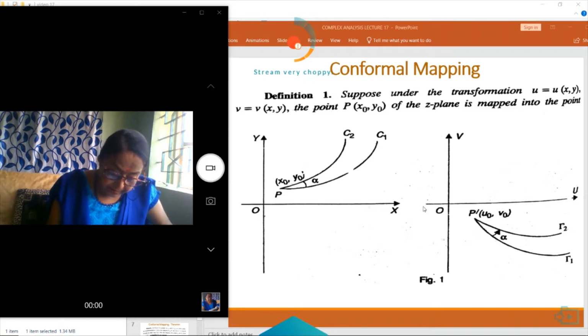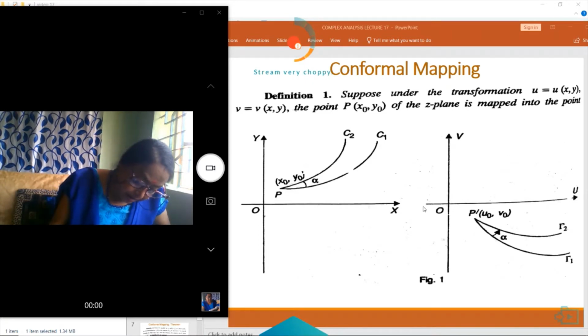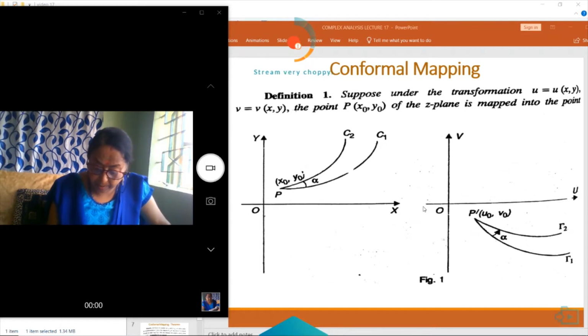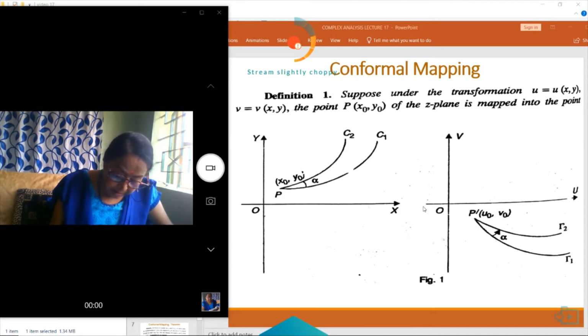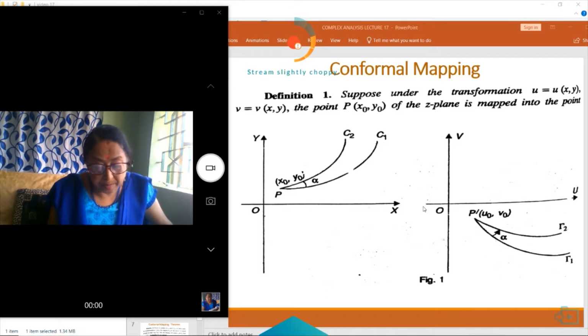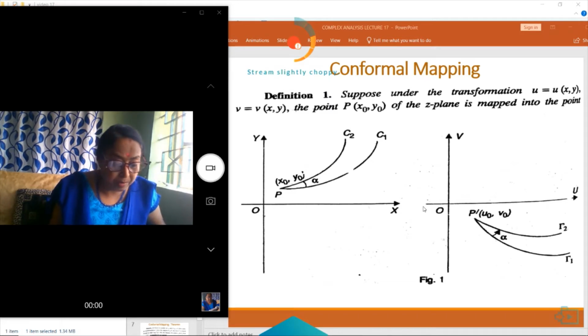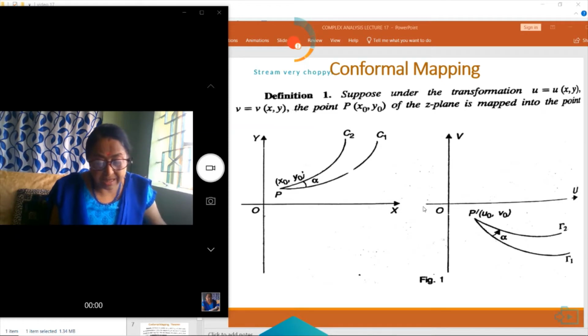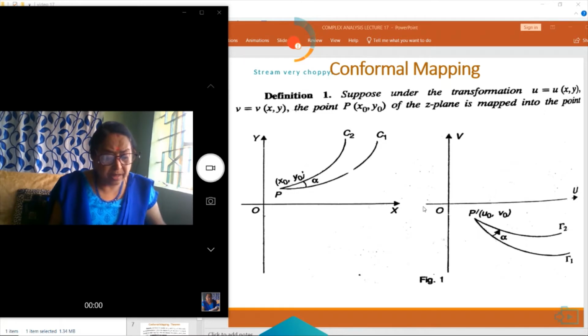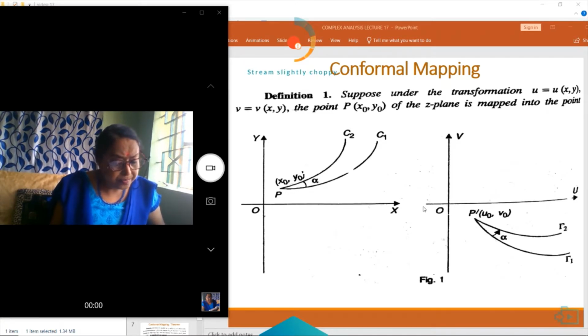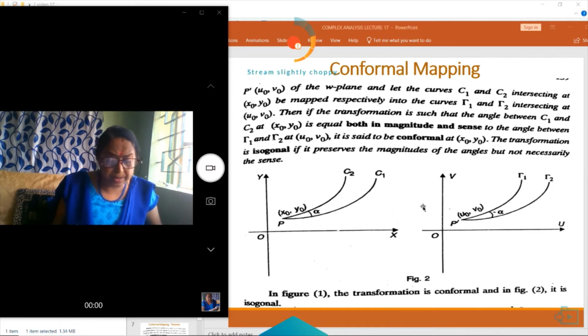Suppose under the transformation u is equal to u(x,y) and v is equal to v(x,y), the point P(x0, y0) of the z plane is mapped into the w plane to the point P dash (u0, v0), and the curves C1 and C2 intersecting at (x0, y0) are mapped into the curves tau 1 and tau 2 intersecting at the point (u0, v0).